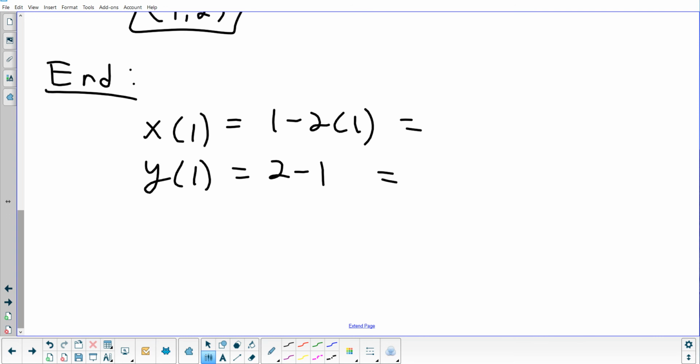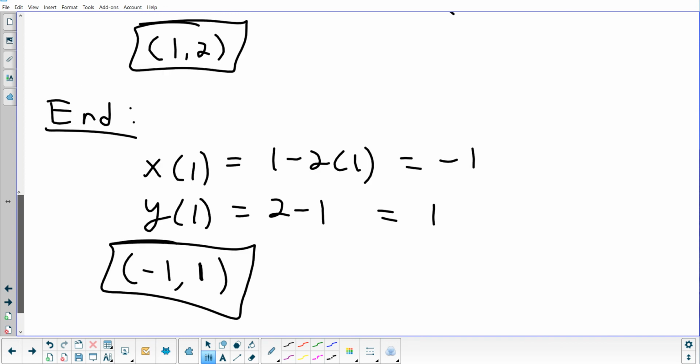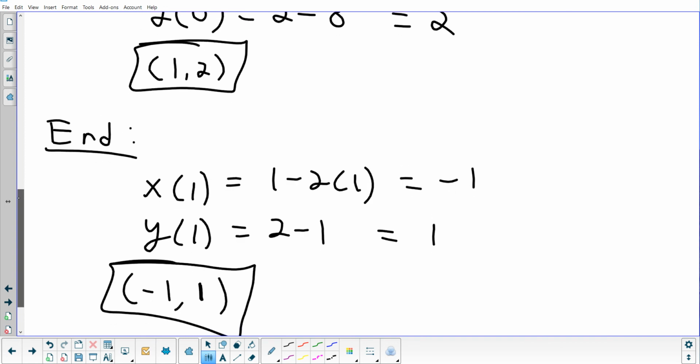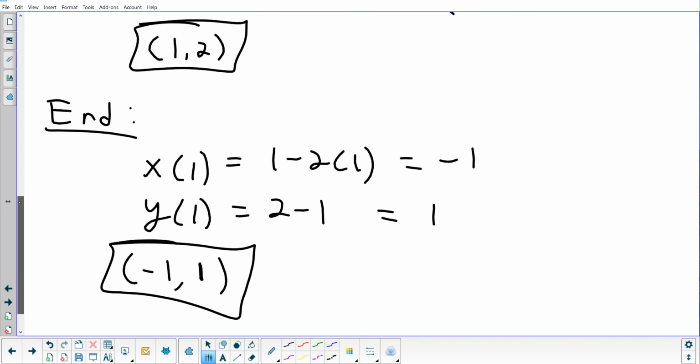So Sophie, what's my x value going to be? Negative 1. And Maddie, my y value? 1. So this graph is going to end at negative 1, 1. Any questions on finding those 2 points?